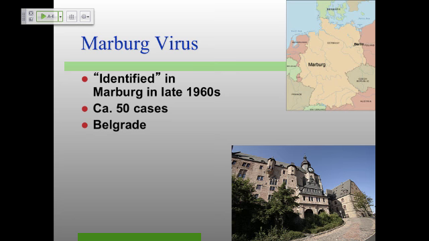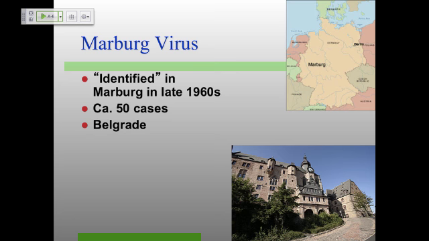This is the castle up at the top of the hill, where it was first identified in the 1960s. Again, right in the middle of Germany, but of course that's not where these filovirus diseases come from. Eventually, they figured out it was importation of monkeys from Africa, which had led to these disease cases.